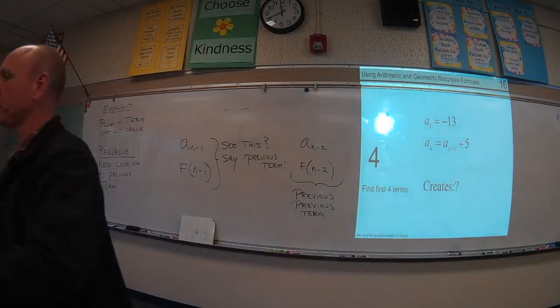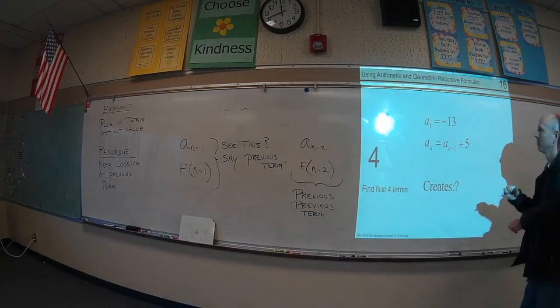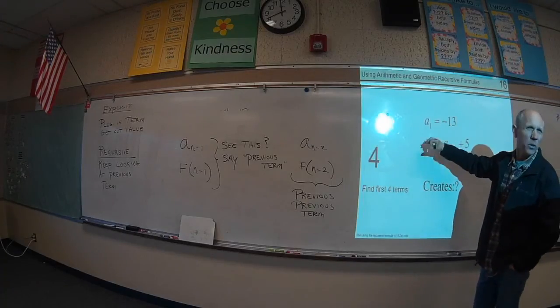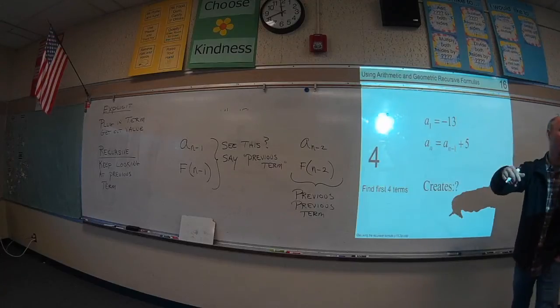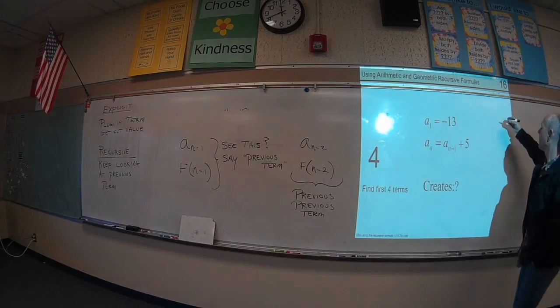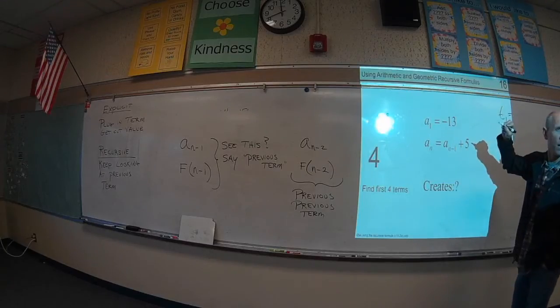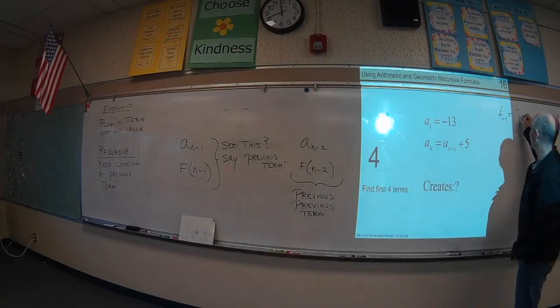One more. I'm going to make this one up. And I can do it with A's, I can do it with T's, I can do it with anything. The idea is when I see an n minus 1, I know it's telling me to look back. Let's go with T sub 1 equals, pick a number, Gordon. 8. Okay.